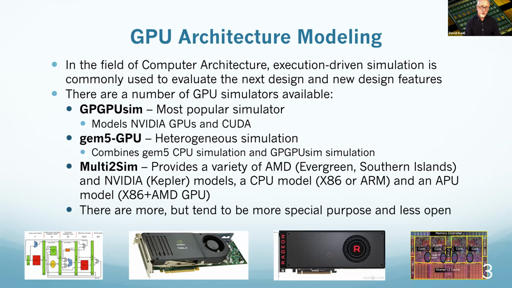There's also work that was initiated in Valencia at UPV and transferred to Northeastern in my own group, that was Multi2Sim. This started as a multi-core CPU simulator that we extended to model a variety of AMD and NVIDIA GPUs, and also an APU. So this is basically integrated x86 with some AMD GPU ISA.